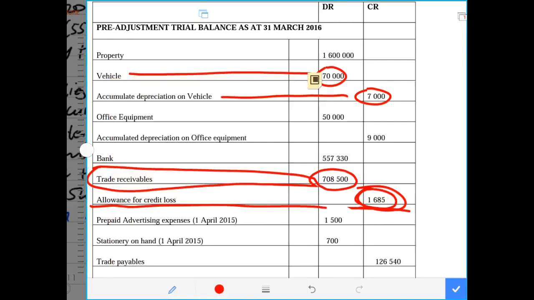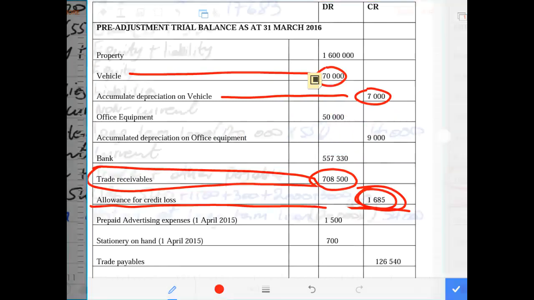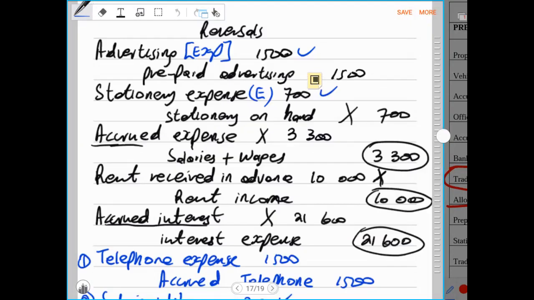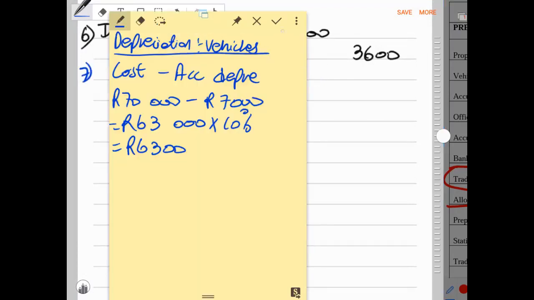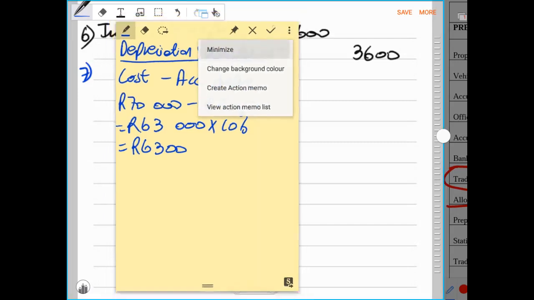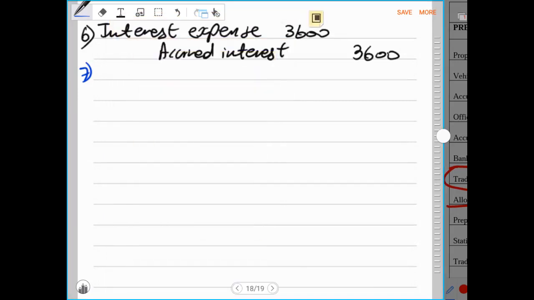Then let us record that in our journal entry. It is journal entry number 7 that we are busy with. In journal entry number 7, we debit our depreciation and we credit our accumulated depreciation.